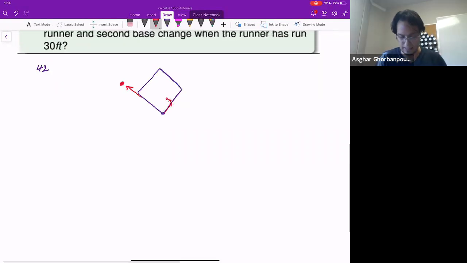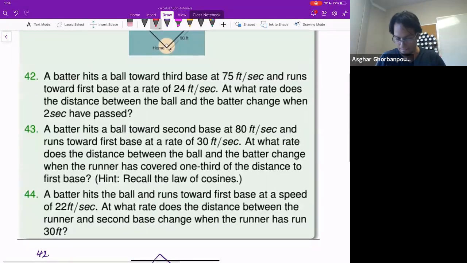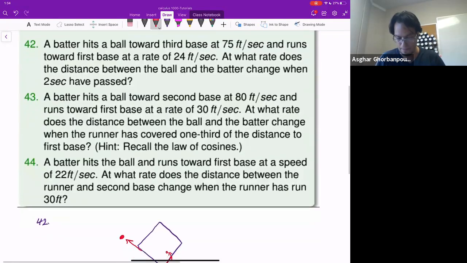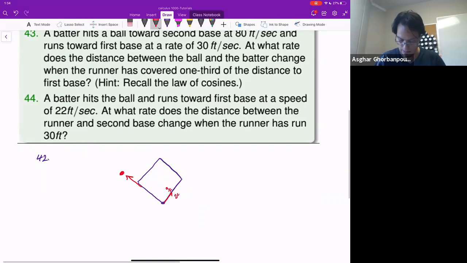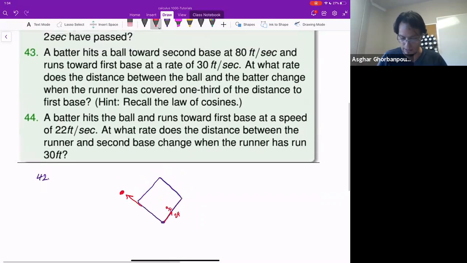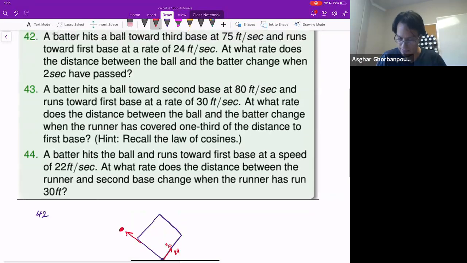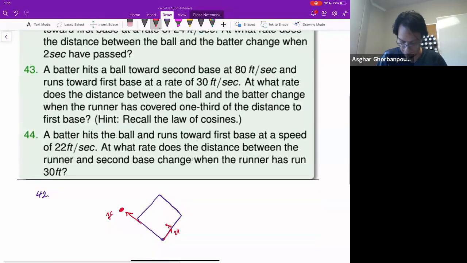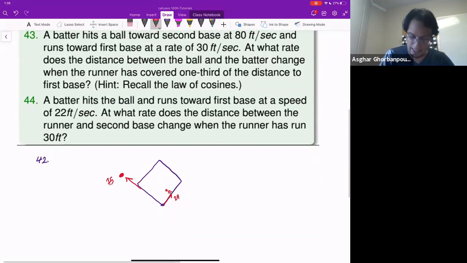What we know is that the speed of the batter is 24 feet per second. I won't write the units here. And the ball has the speed of 75 feet per second. The question is how fast the distance.